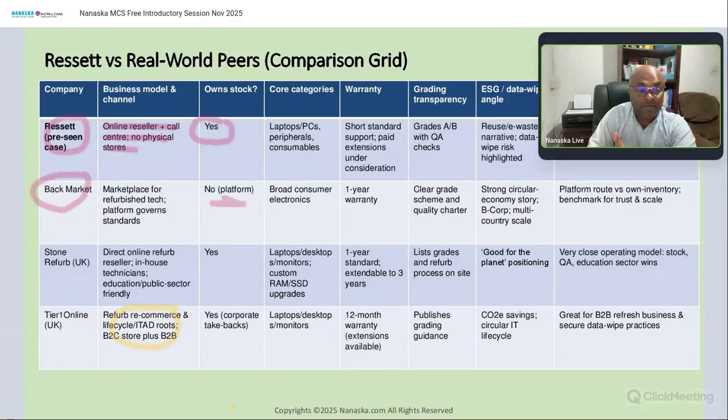B2C, business to customer, store plus B2B. If you look at Tier 1 Online, they have physical stores as well. So we are very different to them. They are very different to us.